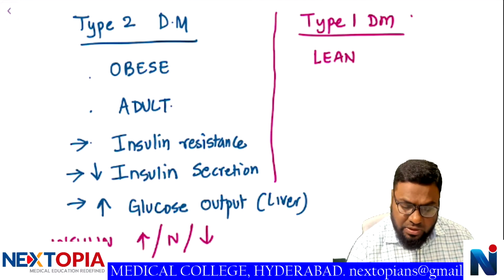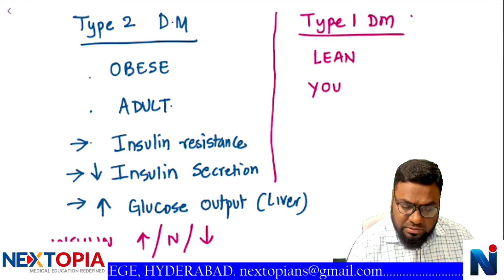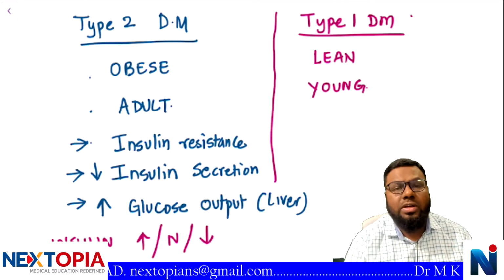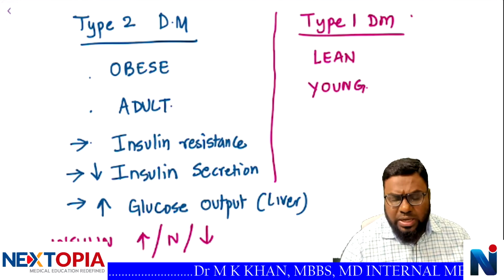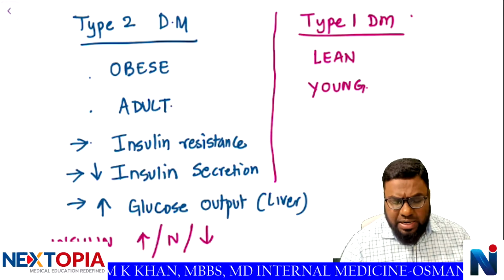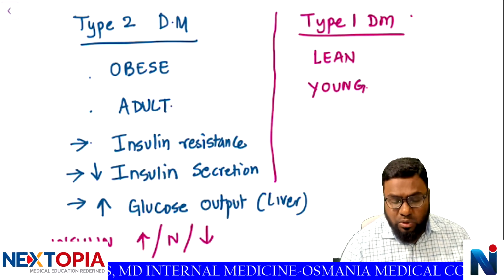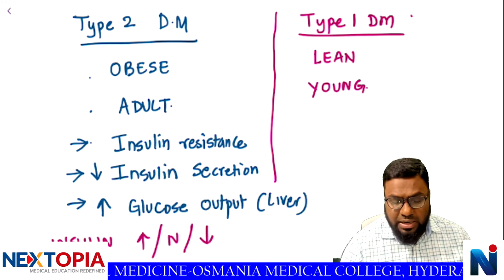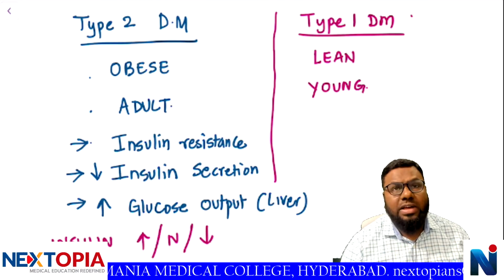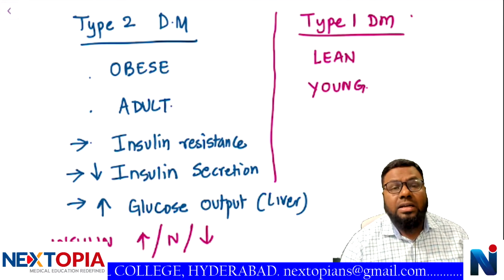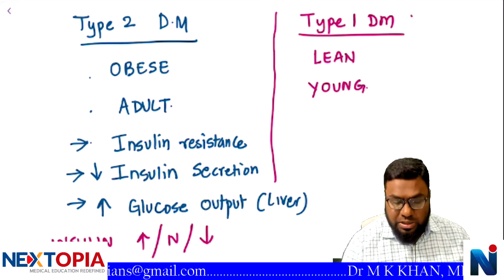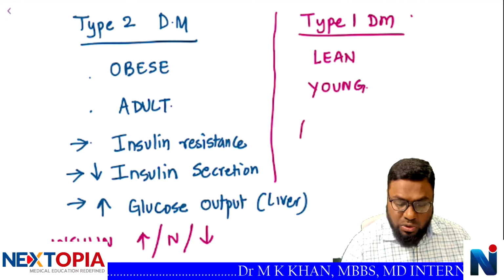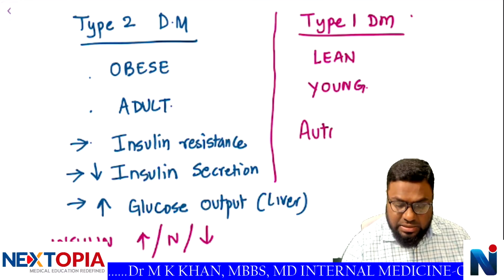The person is lean and very young, that is the rule. But we have also seen certain cases in slightly older, young adult people. Here, the basic mechanism is absence of insulin production because of autoimmune destruction of beta cells.